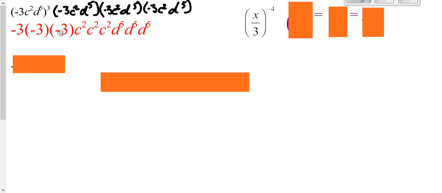So you can put all your negative 3's in front. You get this, a c squared times a c squared times a c squared, which is a c to the sixth. And then multiply all your d's together, which means you have to add your exponents, and you get a d to the 15th.